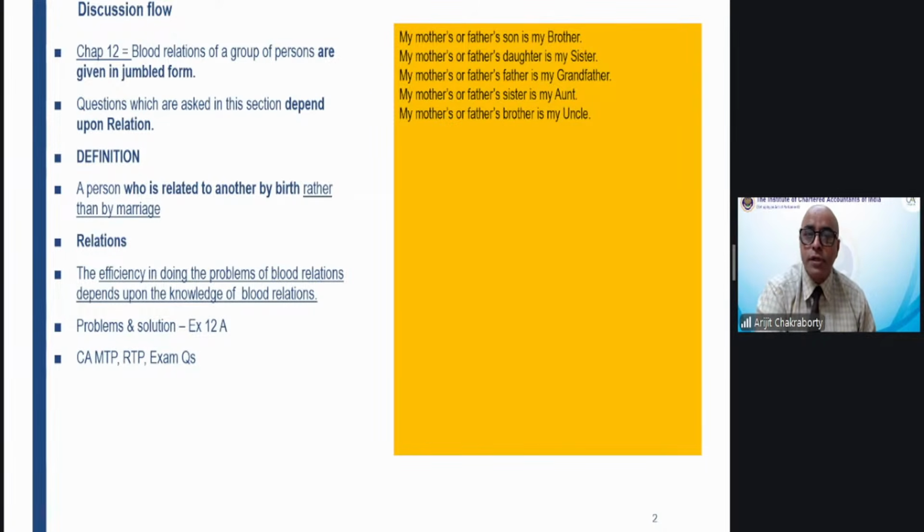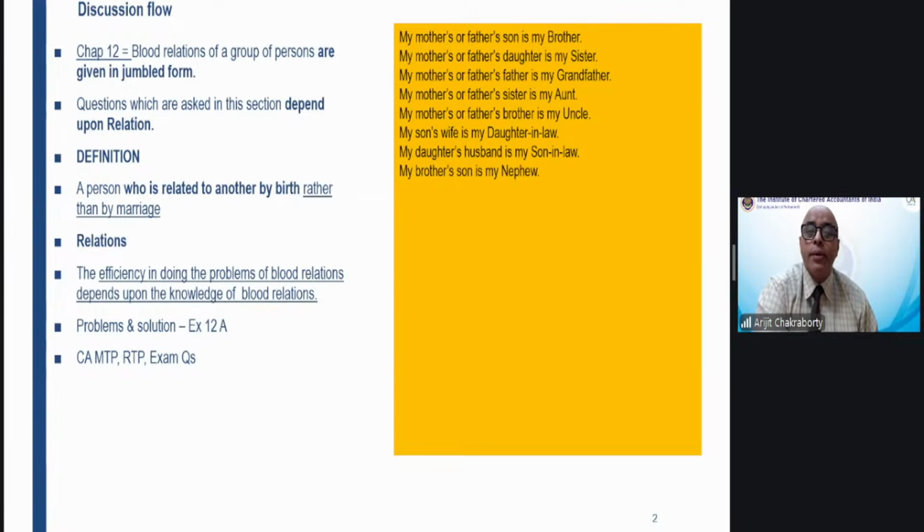So first is brother, sister, then we have grandfather, grandmother, then uncle, aunt, then son's wife will be daughter-in-law, and daughter's husband will be son-in-law. So these are the usual terms which we use in our daily life when we talk about our relatives, that is, family in the extended family.